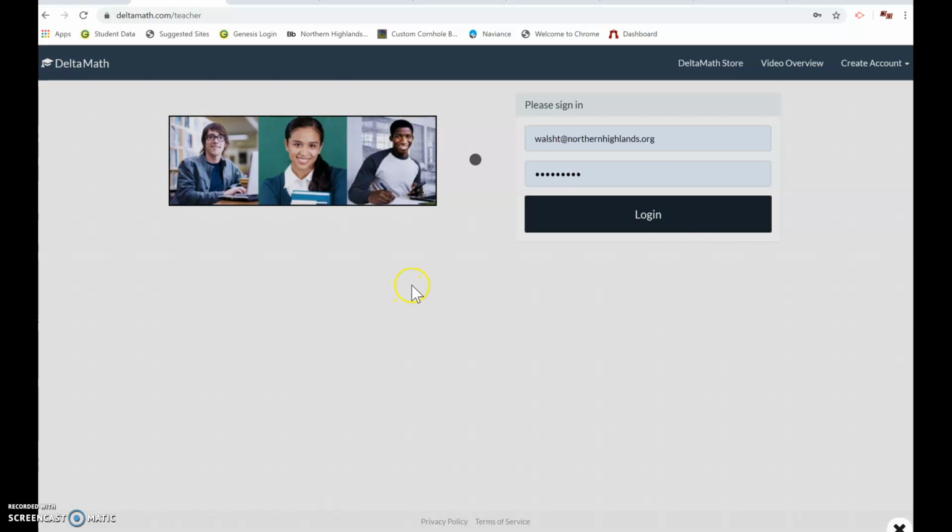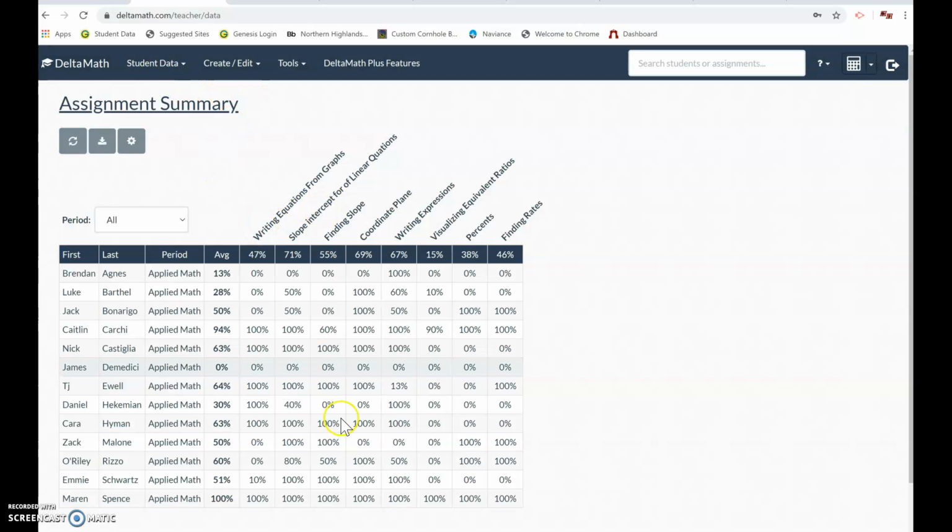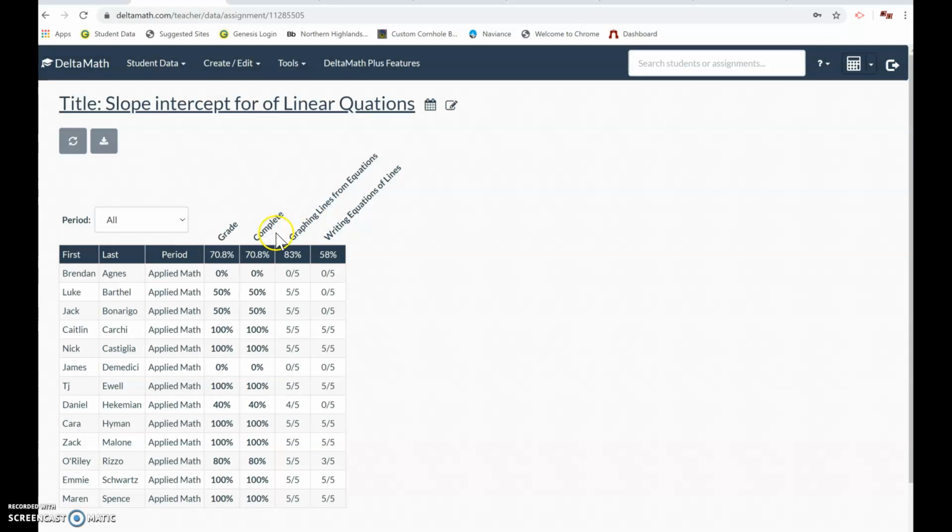And you can see my page. Hopefully it loads up. There we go. Here are the lessons that I've made, and you can see the assignments that my students were working on. And you can see the lesson that I gave them that deals with slope-intercept form of linear equations and graphing lines from equations.